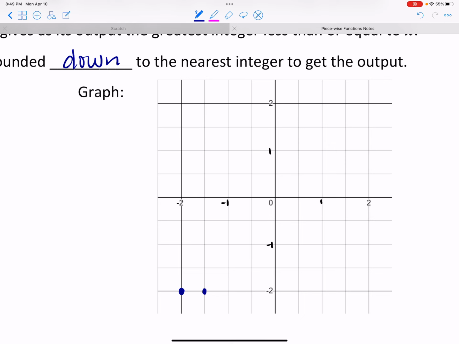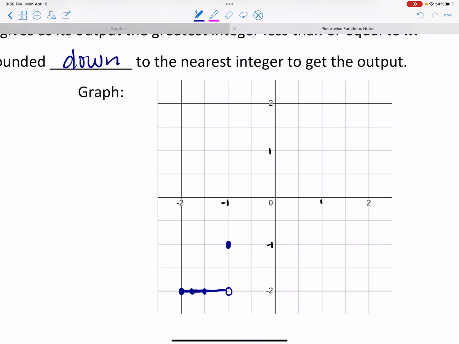If I took negative 1.75, my output would be the closest integer, so it'd still be negative 2. So anything that's going to be in here is going to round down to negative 2. As close as we can get to negative 1, but negative 1, when I go to find the floor for negative 1, would actually be negative 1. So I want to get as close to negative 1 as possible here for all the numbers in between, but I don't want to include the negative 1 because the floor for negative 1 would be negative 1.